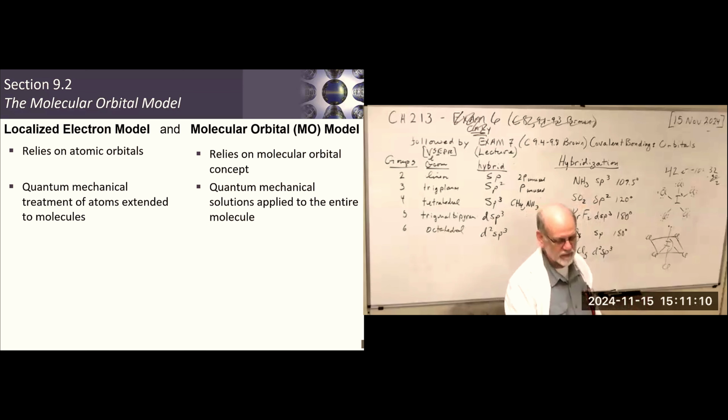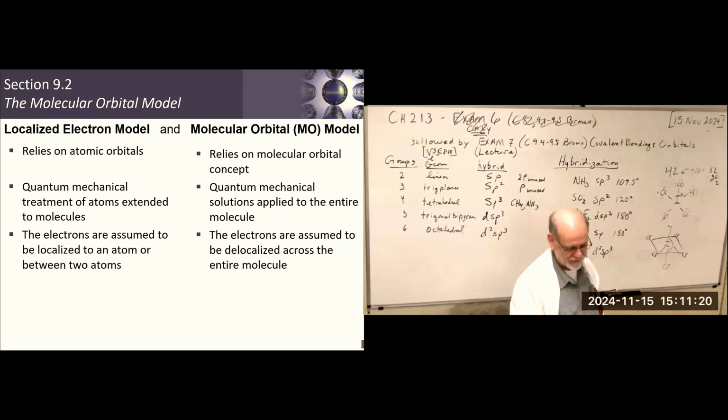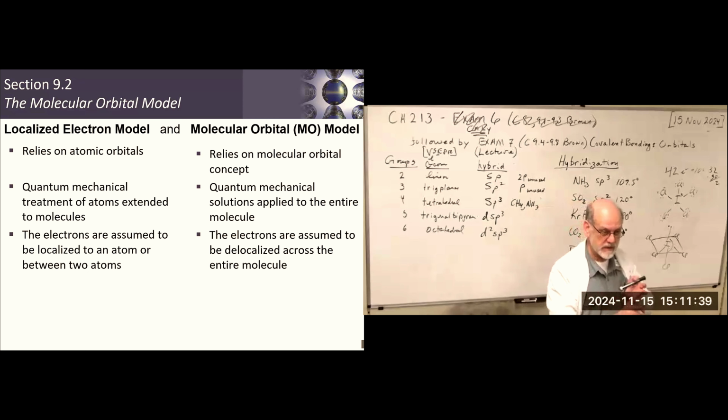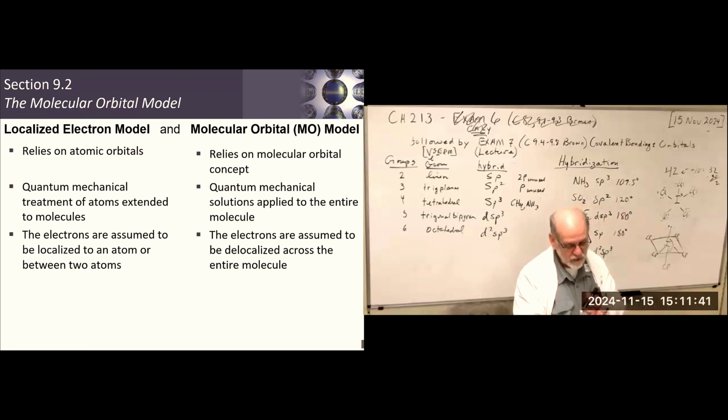All the atoms are treated quantum mechanically. We're still talking about probabilities and solutions to equations. In the localized electron model, the electrons are localized on each atom and they're only shared insofar as they create bonds. Whereas with the molecular orbital model, every electron in every atom, that includes core electrons and valence electrons, are included in the molecular orbital structure.